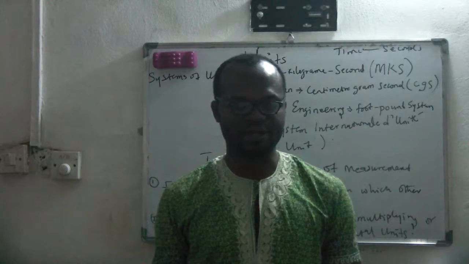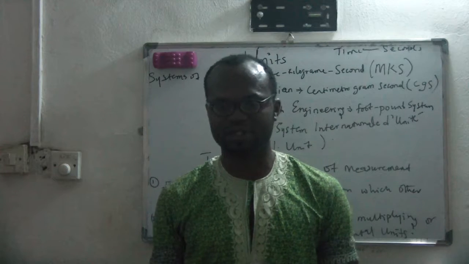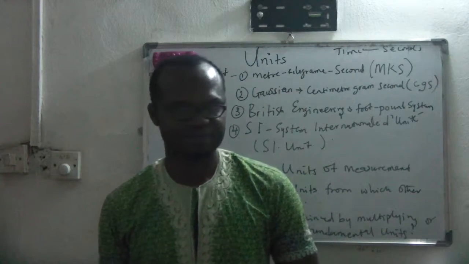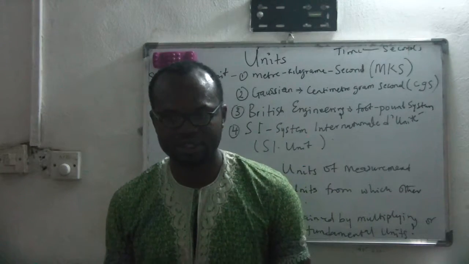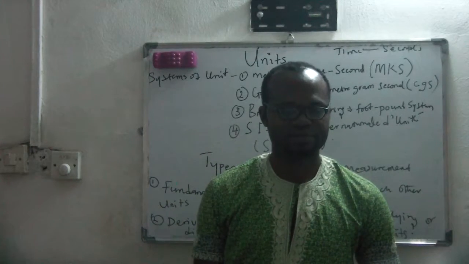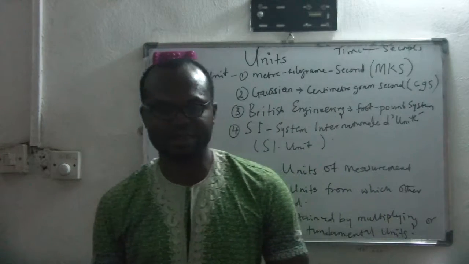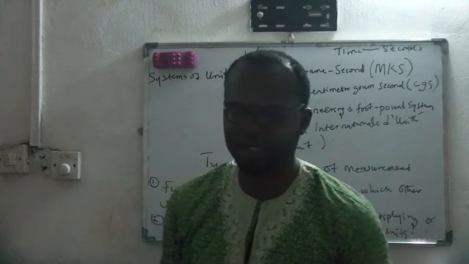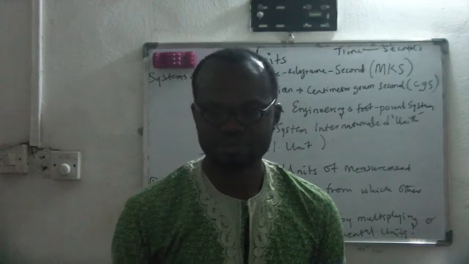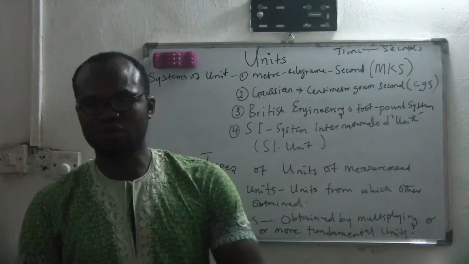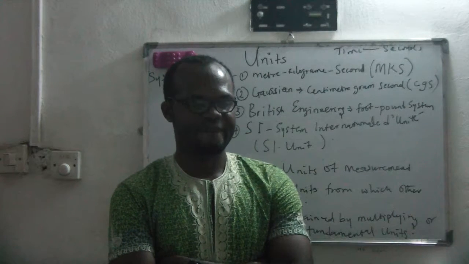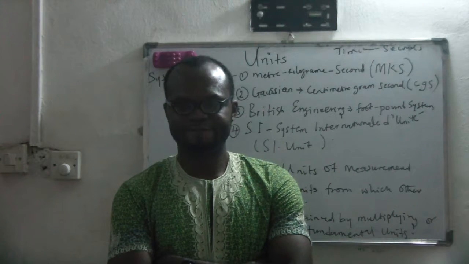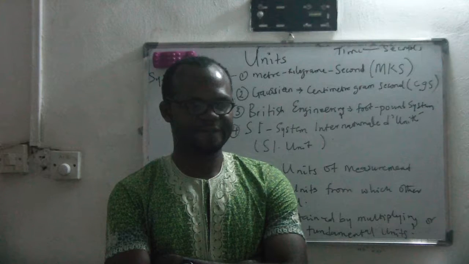If the unit is seconds, you are discussing time. If the unit is meters, you are talking about distance. If the unit is gram or kilogram, you are talking about mass.